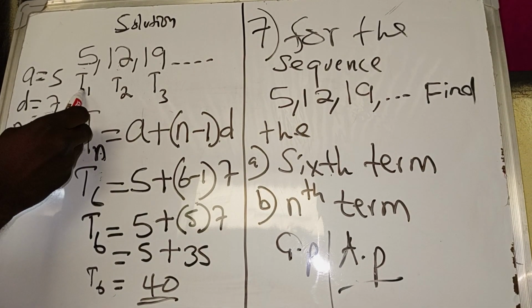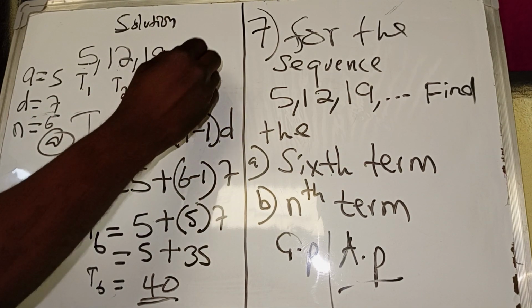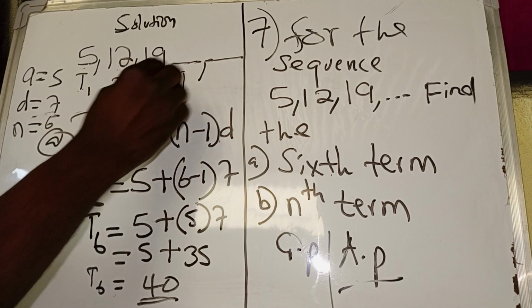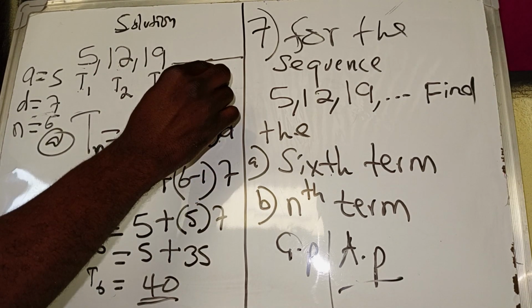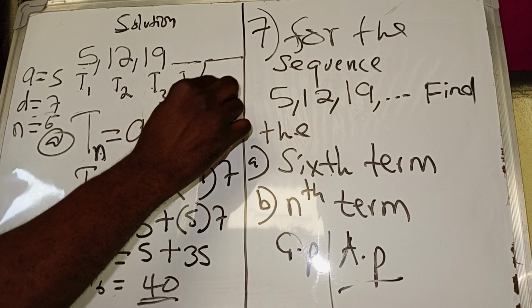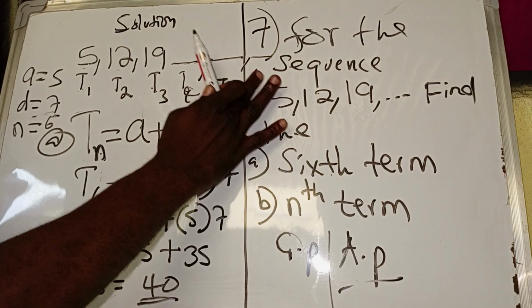So this is term 1, term 2, term 3, term 4, term 5, term 6. At number 6, you have 40. Is it true?